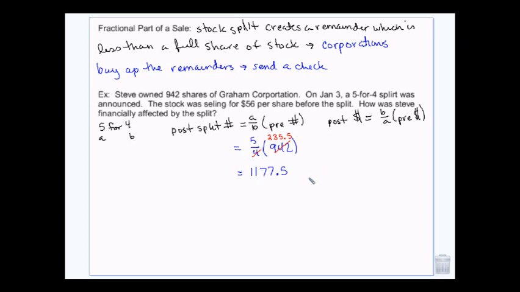So this is the number of shares he has. He has half a share. His post-split value is 4 over 5 times $56. And this time I'll do 4 times 5. 4 times 56 is 224 divided by 5 makes $44.80 each.